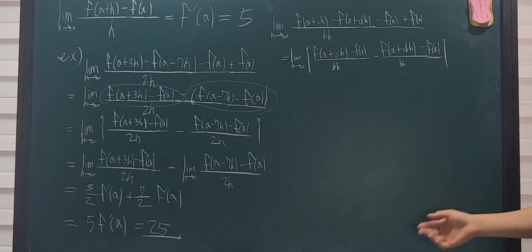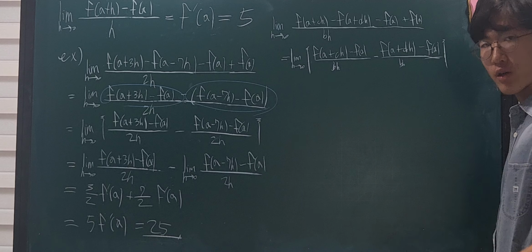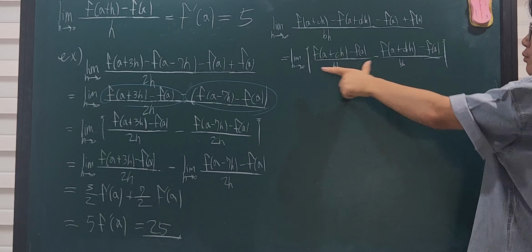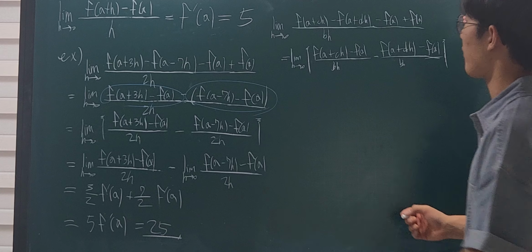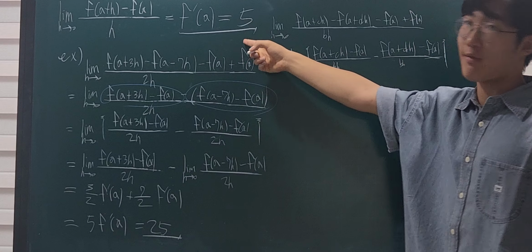And all we need to do is give limits to both these fractions. However, we need a supposition that f prime a exists for these limits to both be given the identity of the limit equation, right? The supposition here is that f prime a exists and is a fixed value of 5.